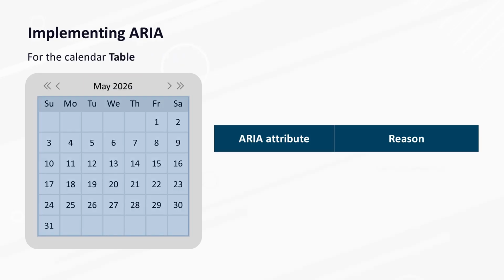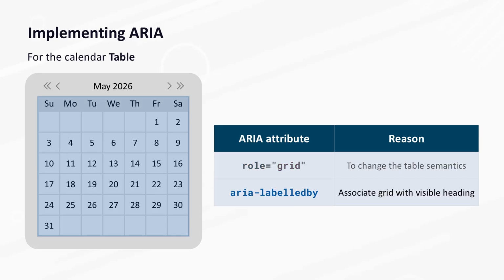For the calendar table, role="grid" to identify the whole calendar table as an interactive date grid, and aria-labelledby to programmatically associate the grid with the visible month and year heading.